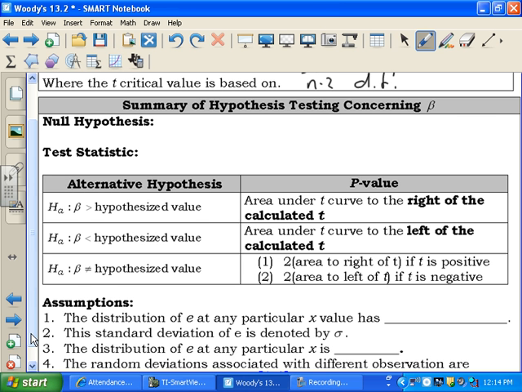Then that would be a not equal to. Two-tailed test. So null hypothesis will always be H sub 0, B equals the hypothesized value. And then our alternative will be one of those three.